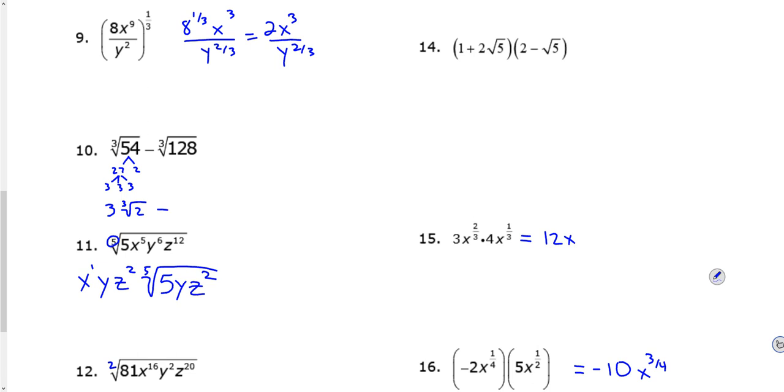Then 128, you can always divide that by 2, so 128 is 2 times 64, and 64 is just 4 times 4 times 4. That means we can take out 4, and we've got the cube root of 2. Since these cube roots match, we can combine like terms, and this is negative 1 cube root of 2.